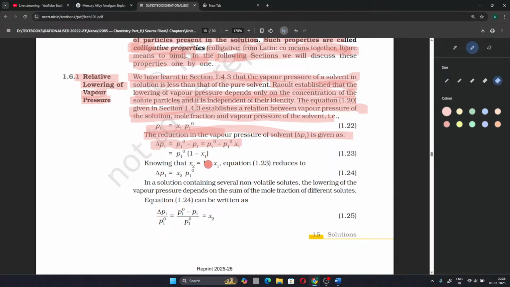So chi2 is the mole fraction of the non-volatile solute. So the change in vapor pressure is equal to chi2 P1 naught. This is the relative lowering of vapor pressure formula, and if we shift P0 to the other side, we get (P pure minus P1) by P0 equals chi2.